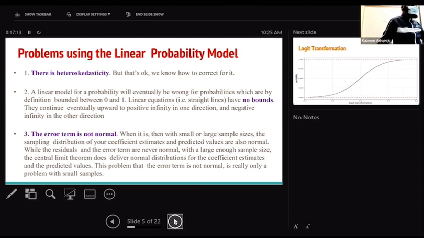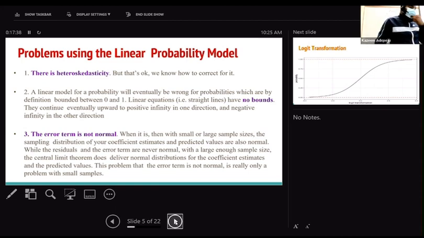What about normality of residuals? Of course, you can do a histogram of the residuals, you can do a normal Q-Q plot, and you can also conduct a Shapiro-Wilk test of normality. That is how to know. What I'm trying to tell you is that there's going to be violations of all these using the linear probability model, which we call the conventional linear regression model, for a categorical outcome.